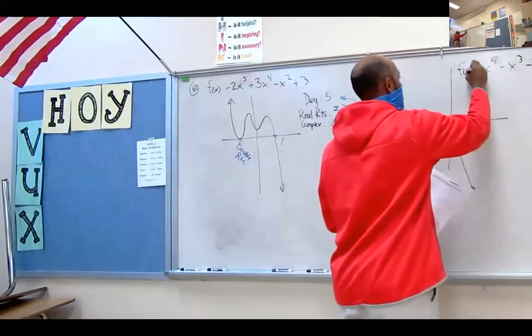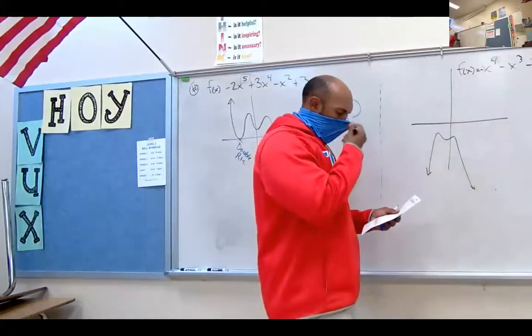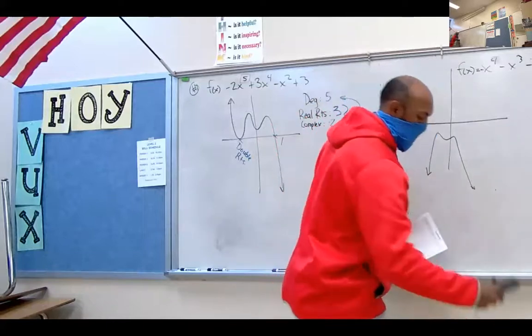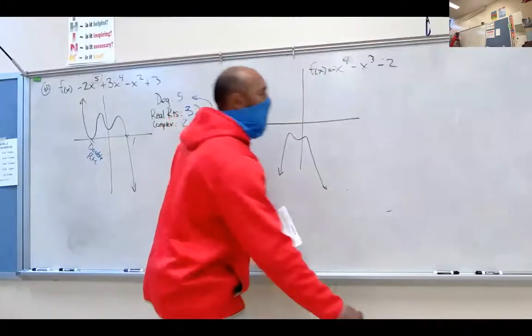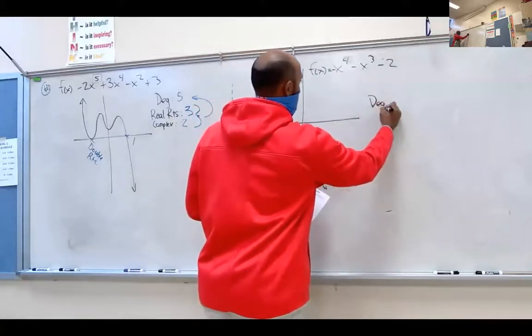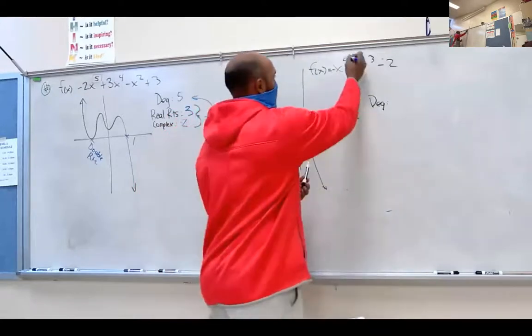I don't really know if it looks like this, but I'm just going to guess. All right, so that's negative x to the 4th. Hold on, let me switch over here. There we go. Okay, negative x to the 4th. So the degree here is what? 4. There it is.